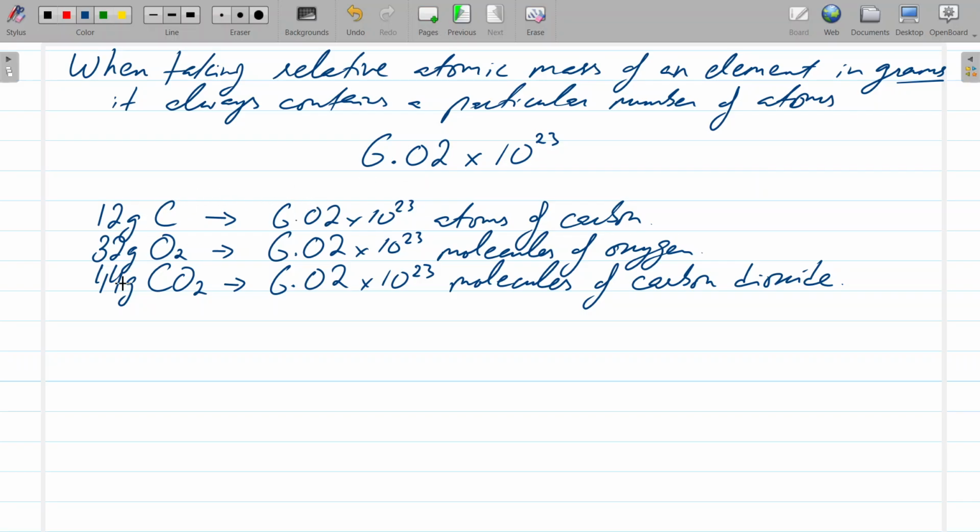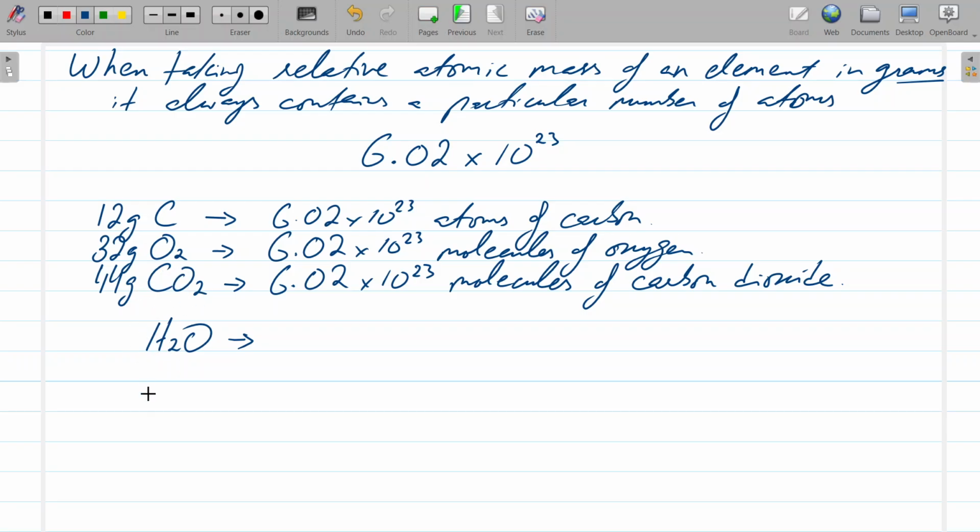And whatever substance you're taking, let's take water, how many molecules of water are there? In the case of molecules, relative atomic mass is for elements, single atoms, and for molecules it is relative molecular mass. So 44 grams is the relative molecular mass for carbon dioxide.